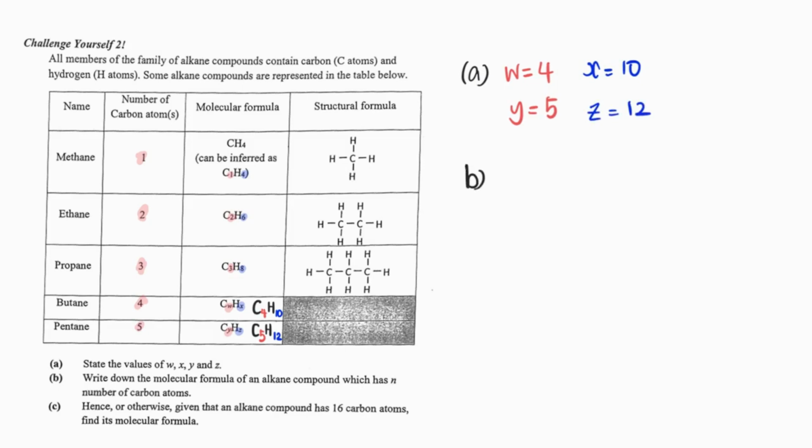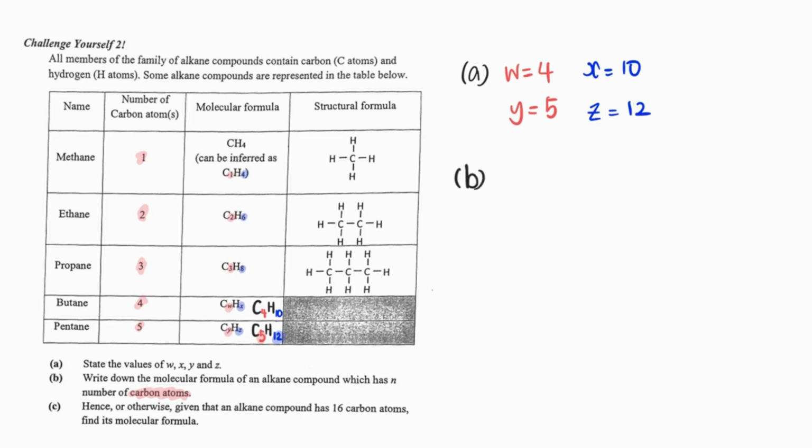Now, for part B though, write down the molecular formula of an alkane compound which has n number of, very important, carbon atoms, meaning that they would want us to write down the C in terms of n for the number of carbon atoms as well as the hydrogen, okay? And so I'm going to do this separately.